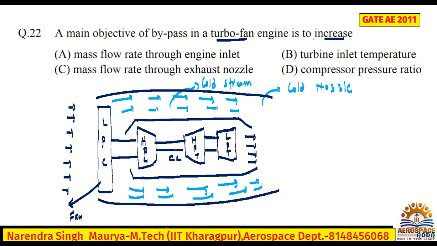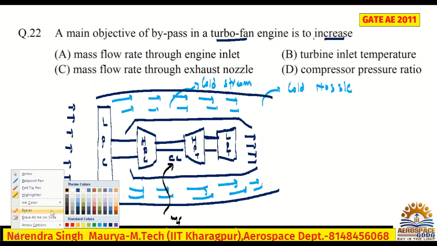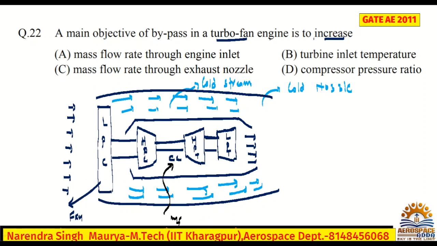And because here we have a combustion chamber, in this combustion chamber we are injecting fuel, m dot f. So we have burning, and definitely we'll have hot air. The partial part of the air which is entering here will be considered as hot air.